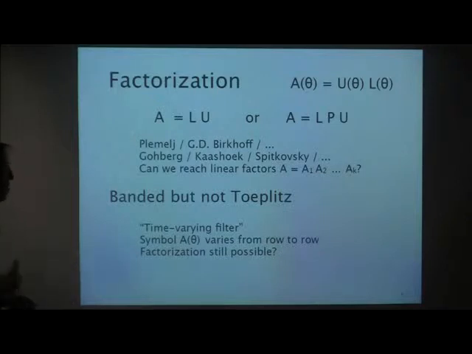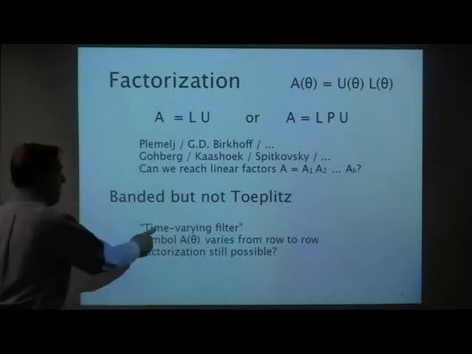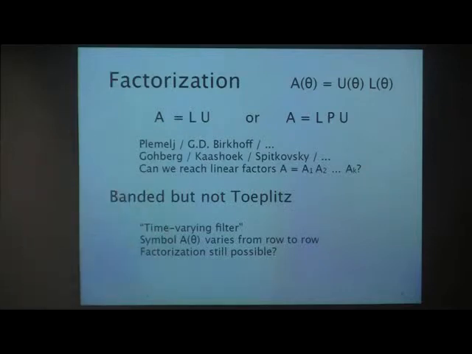Filter, convolution matrix, Toeplitz matrix. Now it's going to vary down the diagonal. You could make hypotheses that it was slowly varying, but I would like to deal with general banded matrices. That would be my hope. What can we do with general banded, doubly infinite matrices? How far can we carry the main facts of linear algebra in that direction?